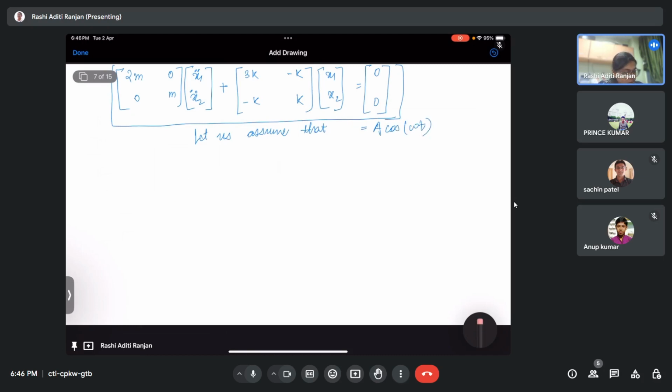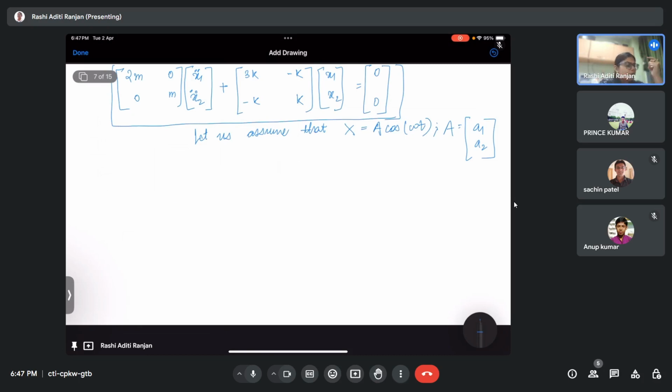This is going to be your capital X and not small x. And here your A is going to be an array, something like this, A1 and A2. So your mass M1 is showing a vibration with amplitude A1, and this mass M2 is going to show the vibration with amplitude A2.